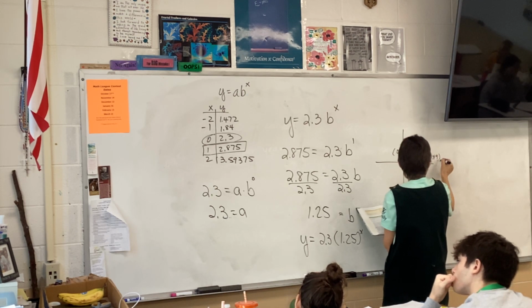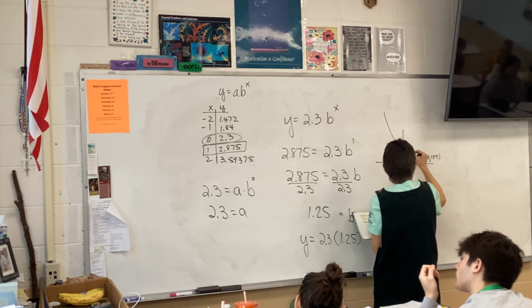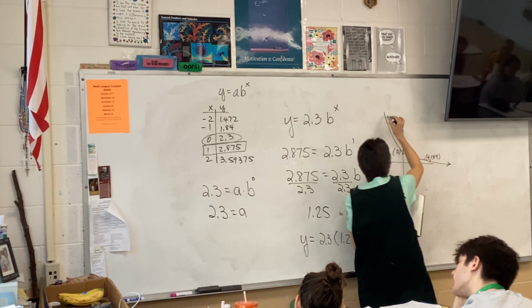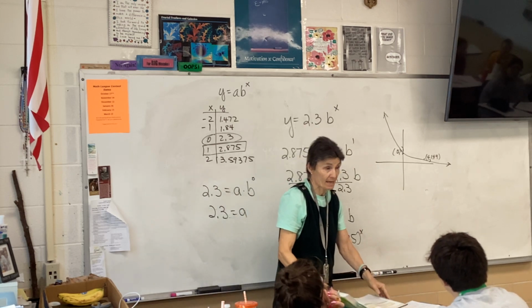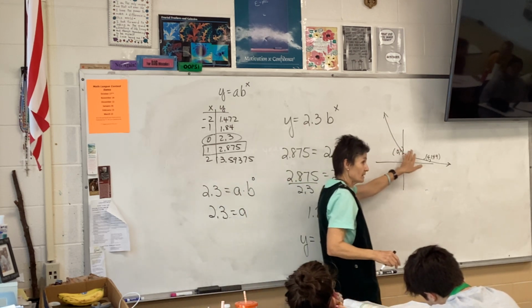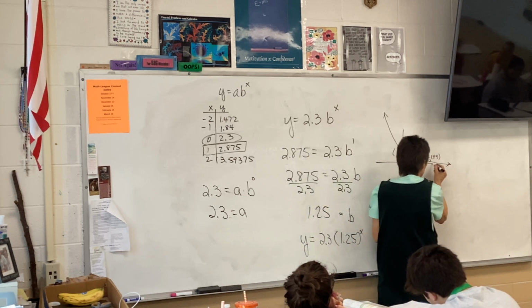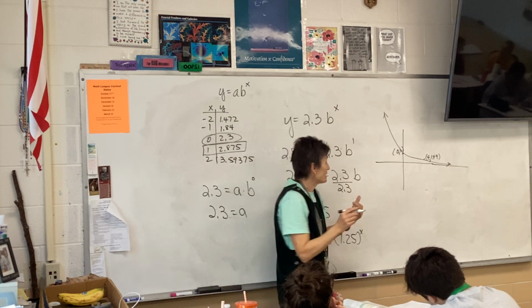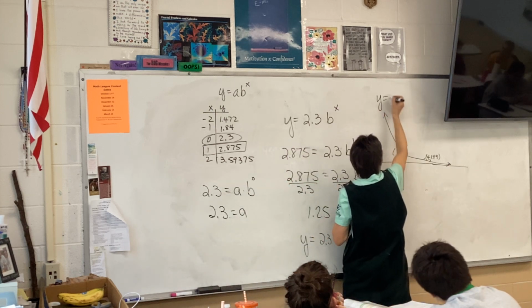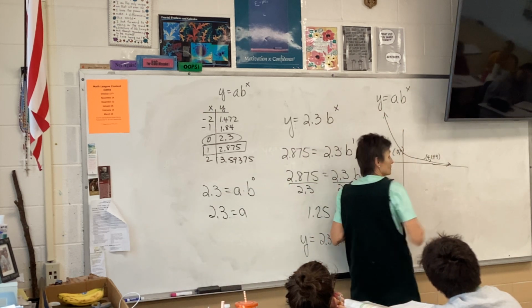Trying to get my points right here. And the curve looks like this. That is a picture of exponential decay. That is definitely decaying, right? Now, you're gonna write the equation of that function.